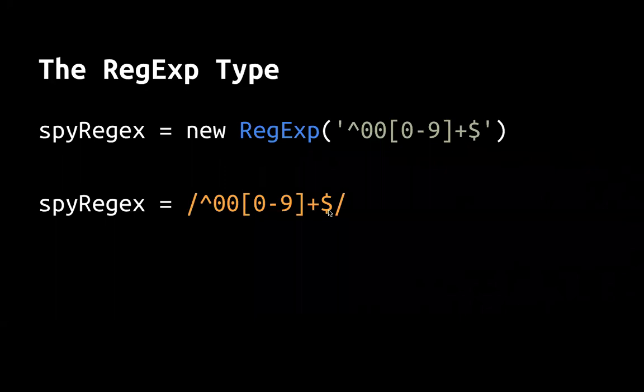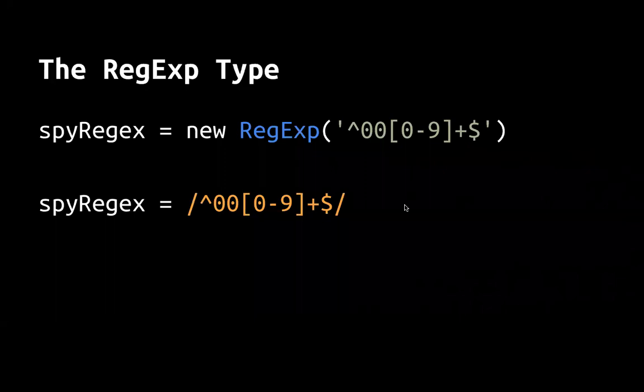It's like how you can say new Array to create an array, or just use square brackets to create a literal array. Same thing with regular expressions. These two lines are equivalent, and they create a RegExp object in JavaScript that represents the regular expression we've been talking about that matches 007.